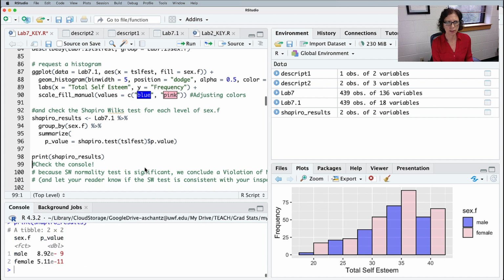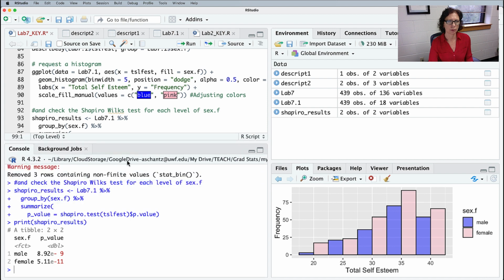And print just puts it into our console down here. So the p-value for Shapiro-Wilks test for the males was significant, at lots of 9 zeros before we get to 892, and the Shapiro-Wilks test was significant for females, which was 11 zeros before we get to 511.